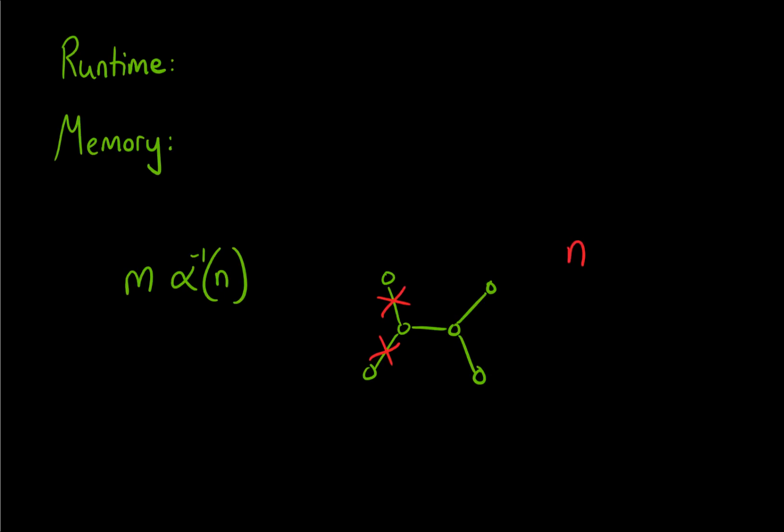Well, in an MST, there are n possible edges. And then that loop to go through every single edge gets called k times, where k is the kth smallest MST. So our runtime ends up being O of k times n times m times inverse Ackermann of n. So that's actually pretty fast when you think about it in terms of this problem. The inverse Ackermann is basically not going to be more than like 3 or 4.